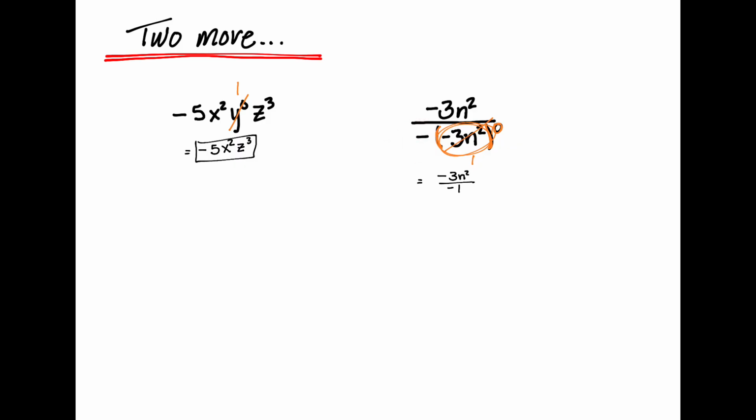This negative is that negative. Okay, the two negatives cancel each other out. So we are left with 3n squared over 1, which means you don't need it. It's just 3n squared.